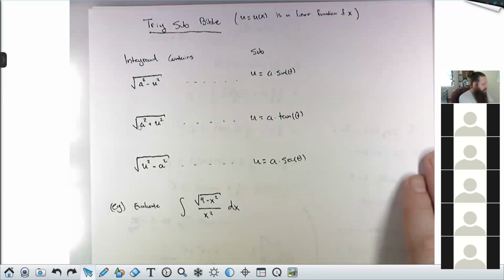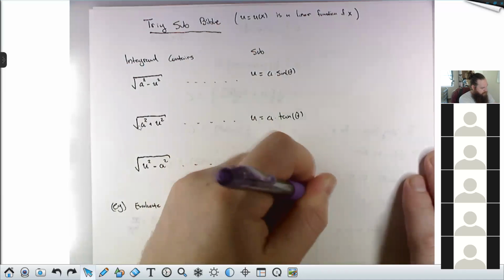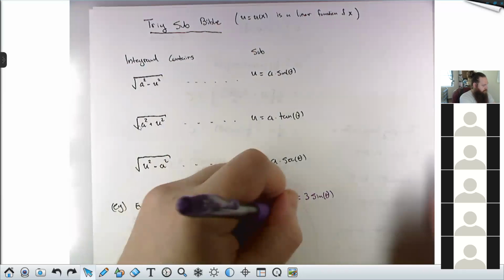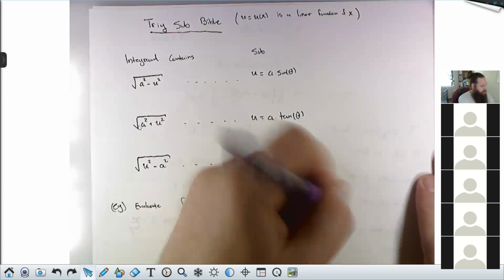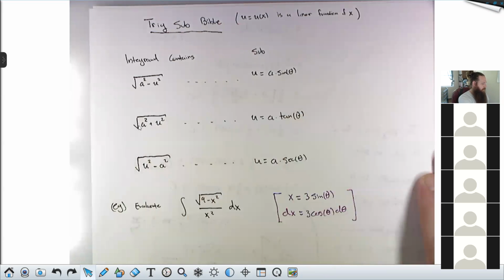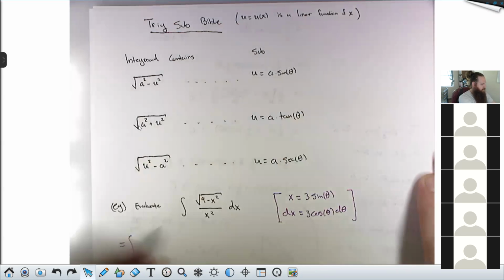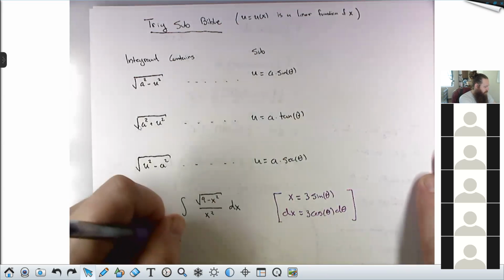So the substitution we're going to make here is x equals 3 sine theta, which means dx is going to be 3 cos theta d theta. If I go to plug this in, 9 minus x squared, under my radical, that's 9 minus 3 sine theta all squared.